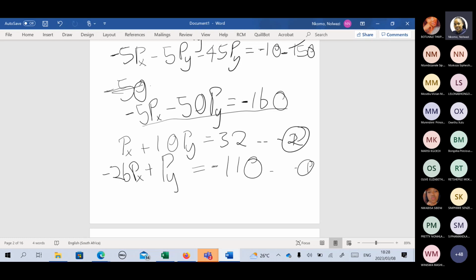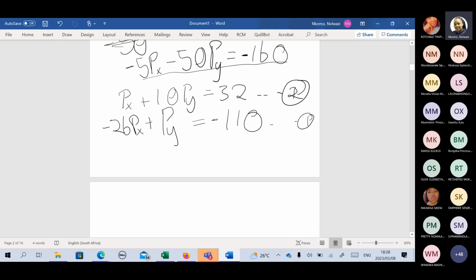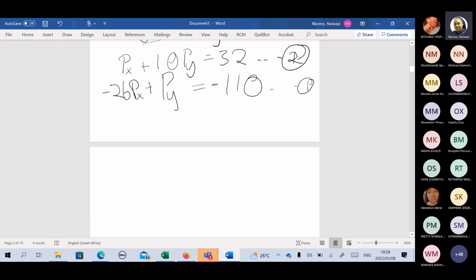And then we can solve these two equations simultaneously, right? Let me start from equation 2. I'll solve for px, making the price px the subject of the formula. And if I do that, I will have px equals 32 minus 10py, right?